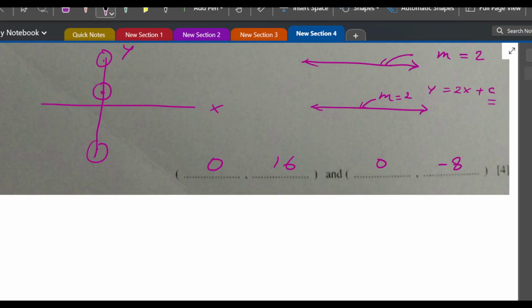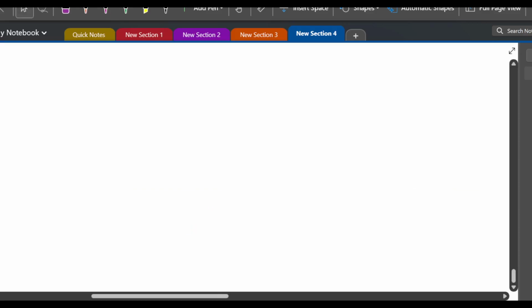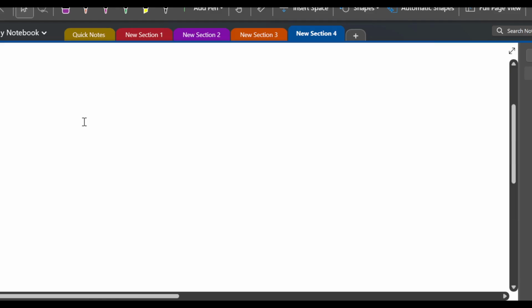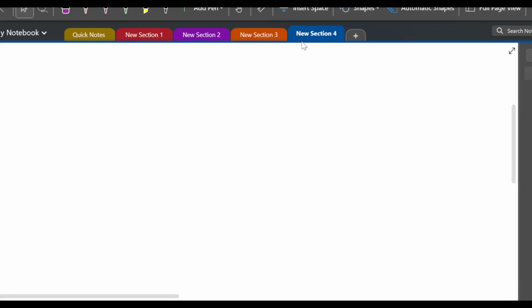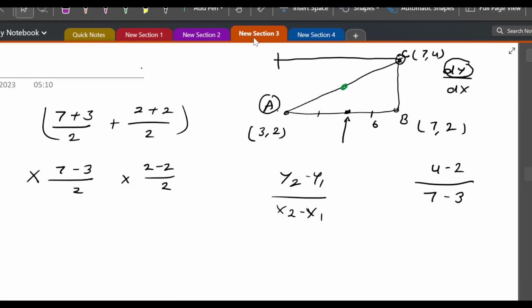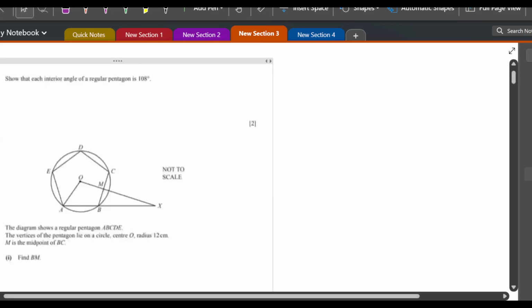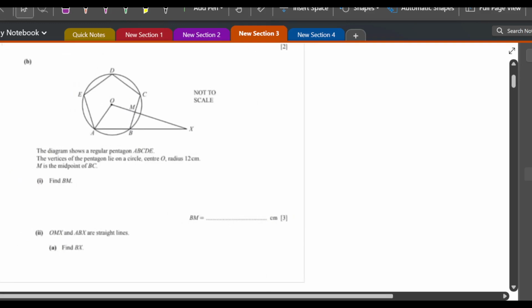So share that question where you have confusion. Just take a picture and send it on WhatsApp. Yes. Okay. So this is what your question is.